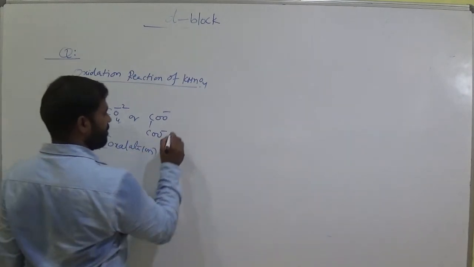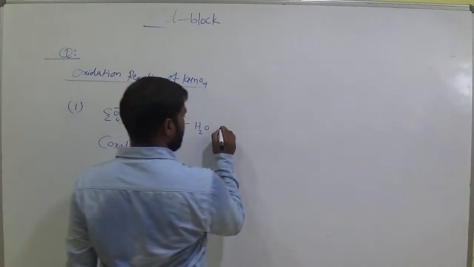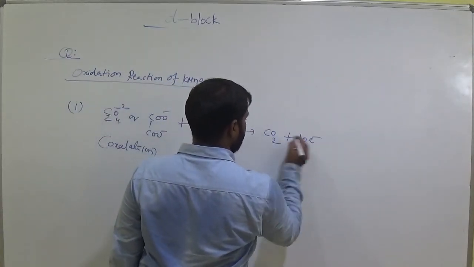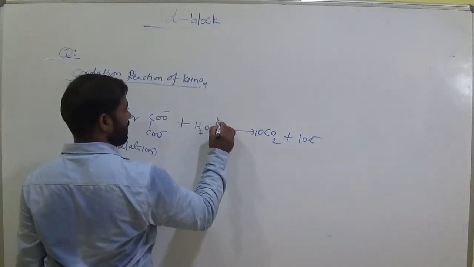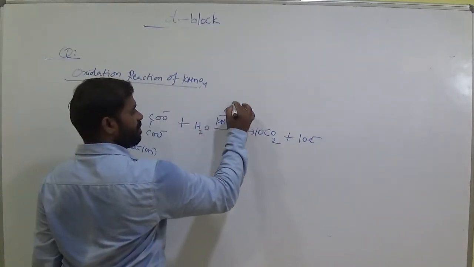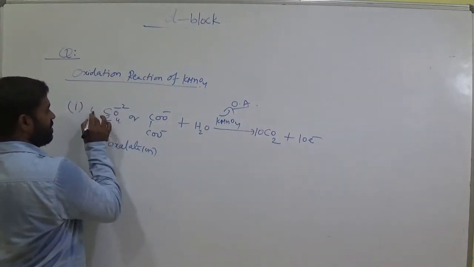Oxalate ion, when treated with water, gives CO2 and 10 electrons, carbon dioxide, in presence of KMnO4, the oxidizing agent, you know. Oxidizing agent, oxalate. Okay.